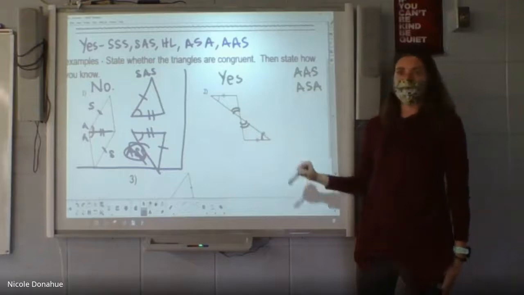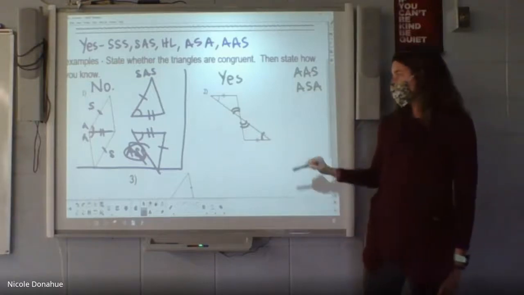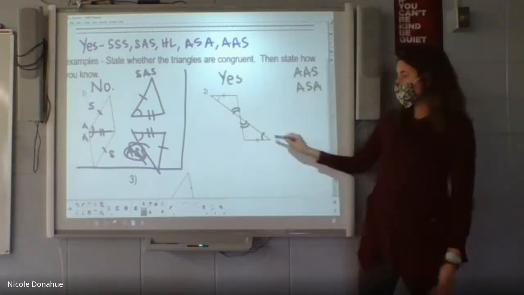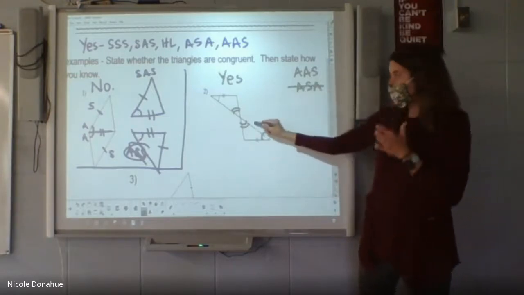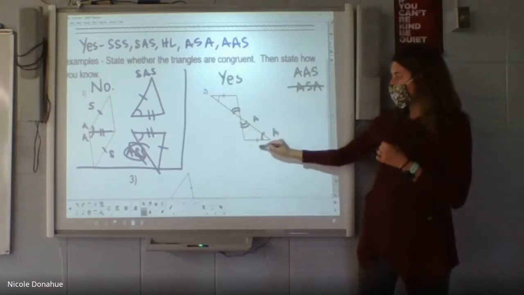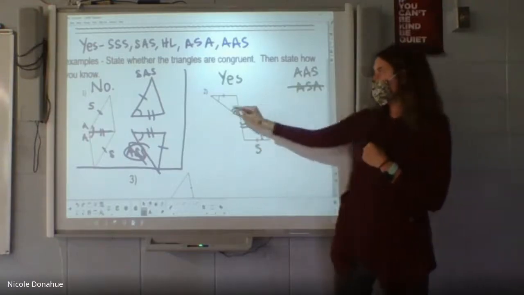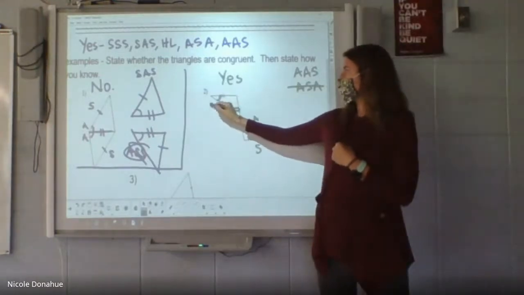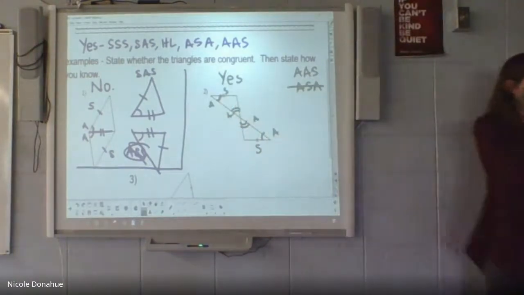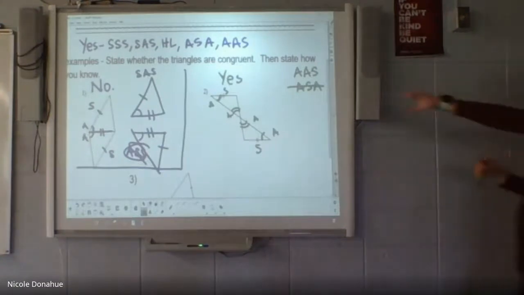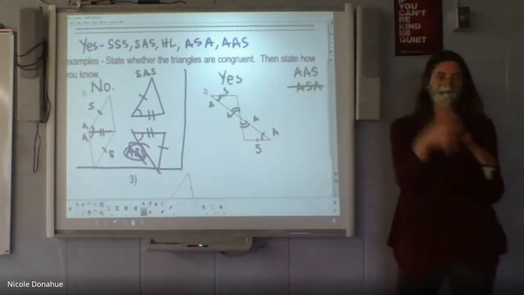Is it the side between those two angles? Yes. Between it. No, so it's not this one. It's angle, side, angle. The next thing we know is a side. Angle, and then side. Is that okay?